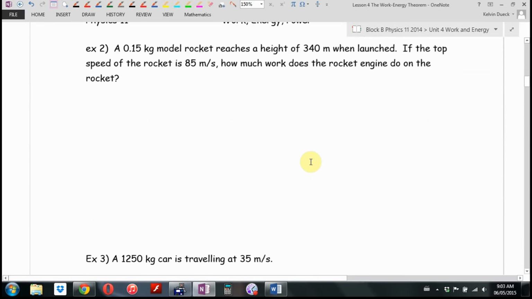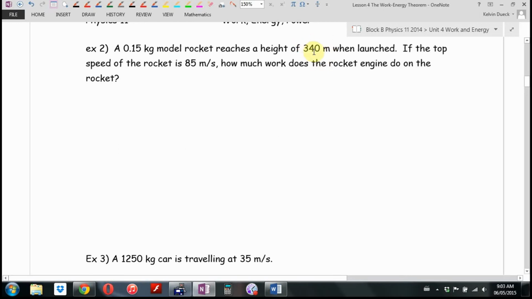Example 2. A rocket reaches a height of 340 meters when launched. If the top speed of the rocket is 85 meters per second, how much work does the rocket engine do on the rocket? Now, work equals force times distance.